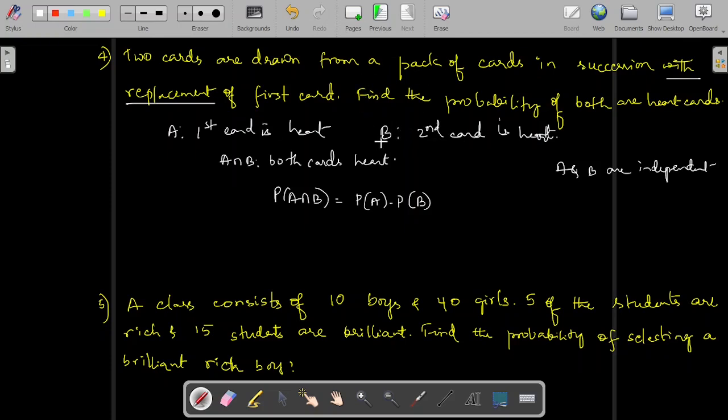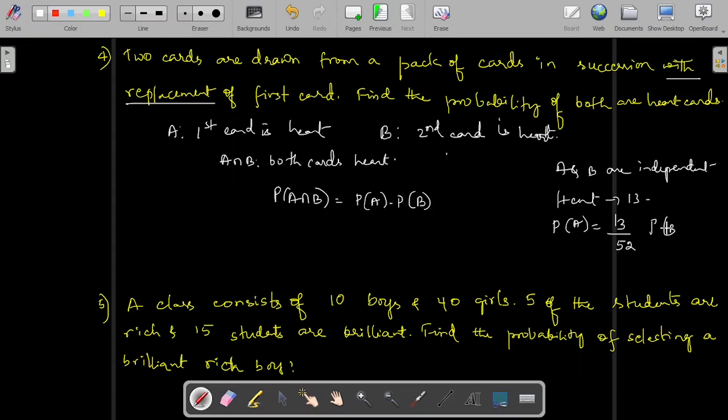Now with the replacement, for the second draw also, you will have the same number of heart cards. So how many heart cards are there? 13 heart cards are there. So what is the probability of getting the first card as a heart card? 13 favorable outcomes divided by 52 total cards.